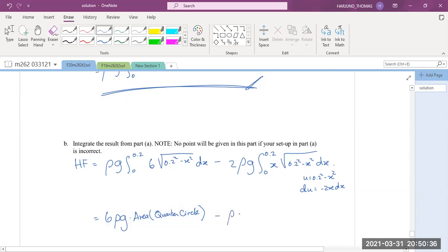That is rho g integral, that will be 0.2 squared, this will be 0, and then 2x dx, that's negative du. That's u to the power of 1/2.